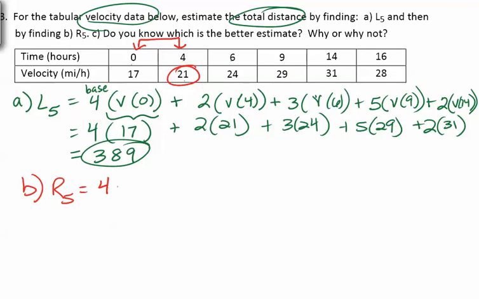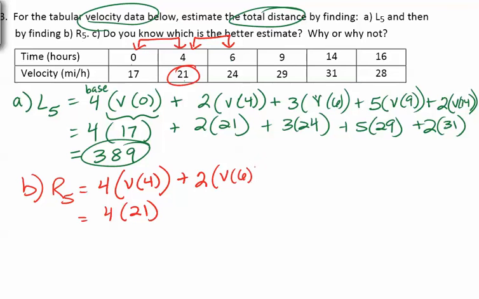So we're going to set this up as a delta x, but then our height here we're going to measure with the right-hand y-coordinate. So this will be 4 times 21. So we're going to get a different answer. Same idea of using rectangles. The next interval, the delta x was 2, but this time we're going to use the velocity at the 6 at the right-hand side. So that's going to be 24.